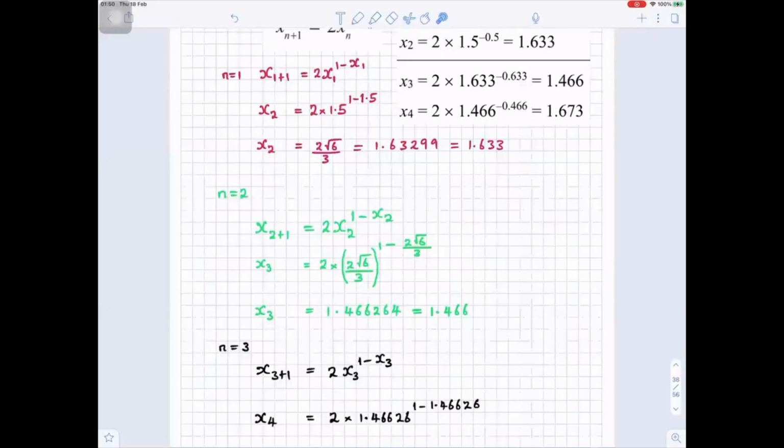The next one, when n is 2, it'll be 2 plus 1, that gives you 3. So we will substitute 2 times x2 to the power 1 minus x2, and that'll give us 1.466. That would be x3.